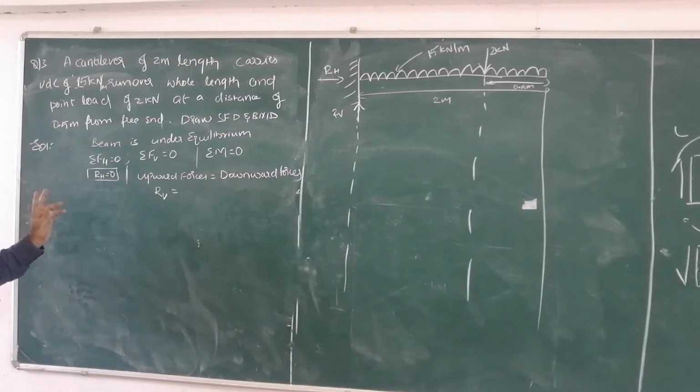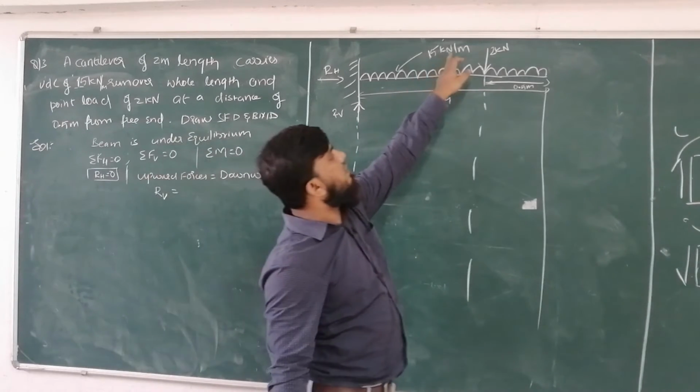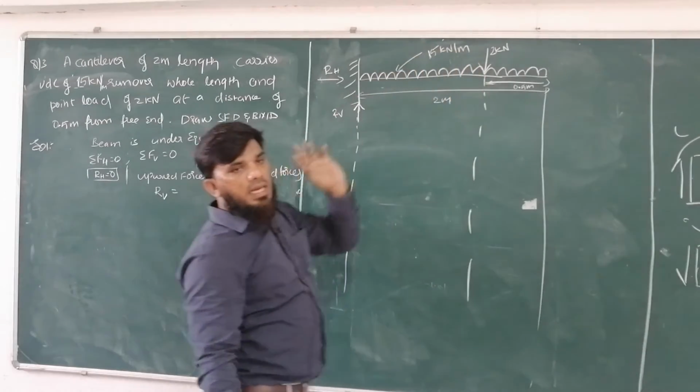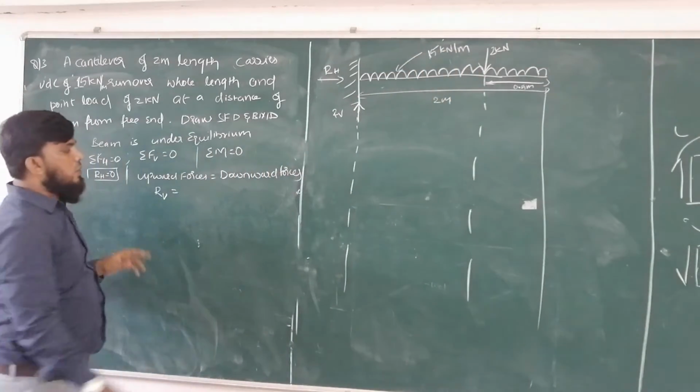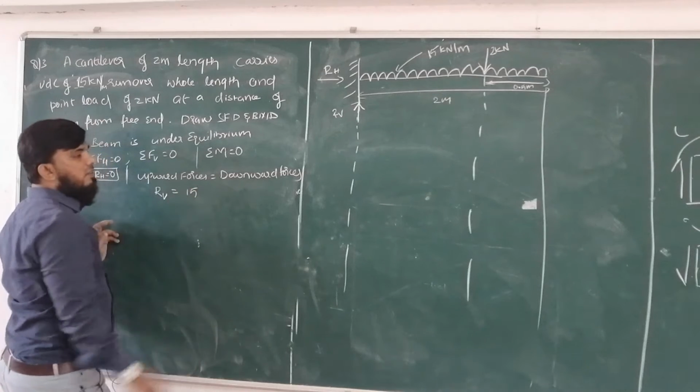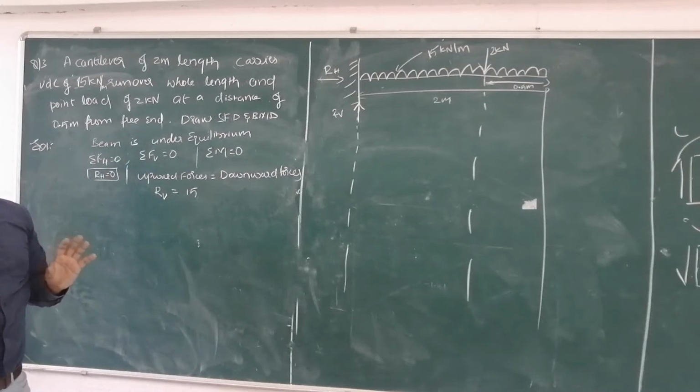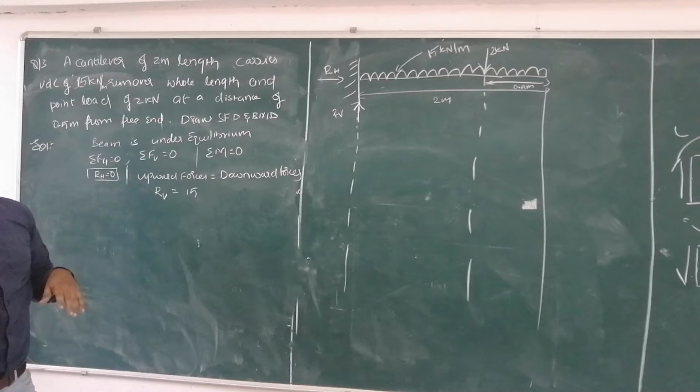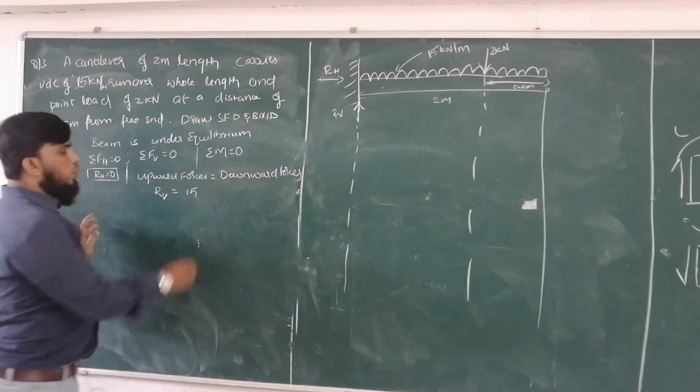Here we have two types of loads: one is the UDL, another is the point load. How to convert the UDL into a complete load? Because the load here is given as kilonewton per meter, simply multiply with the length over which the UDL is distributed, which is 2 meters.